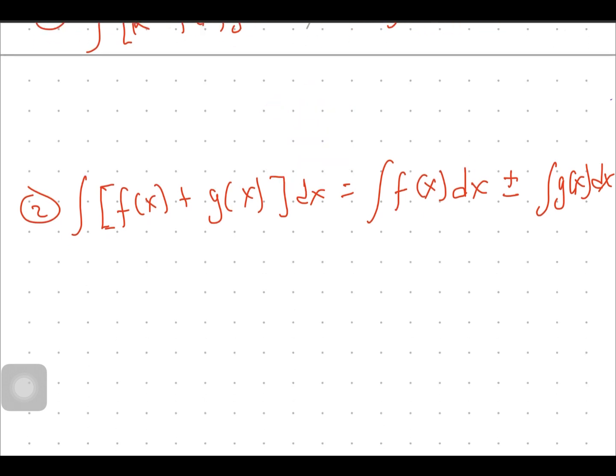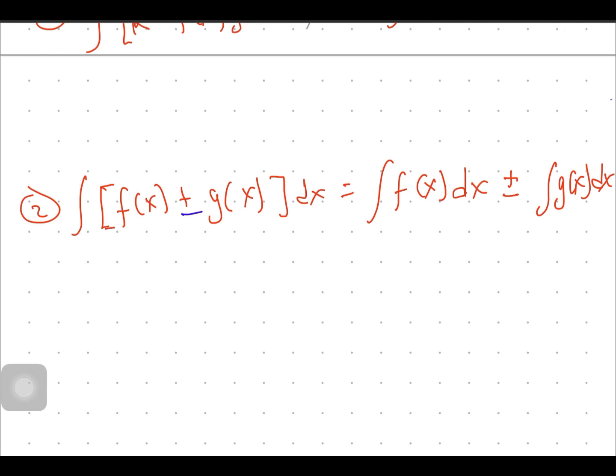The second property says that when you have a function in which you have plus or minus inside it, what you can do here is integrate them individually. And when you are done, you place in whatever sign was there.